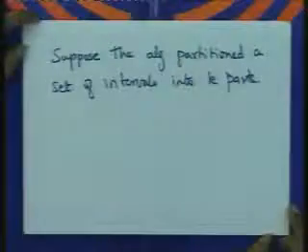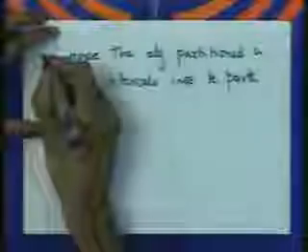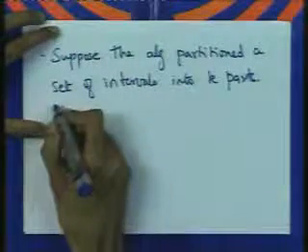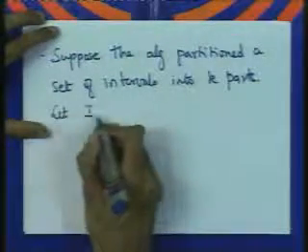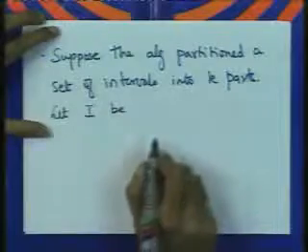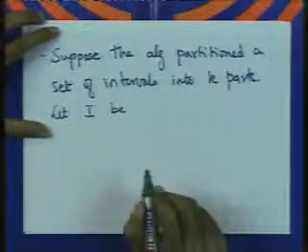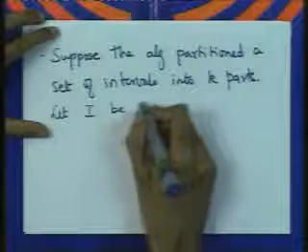So this is the algorithm, and we would like to prove that this algorithm is optimum. To prove this, we said supposing the algorithm produced k parts, we need to show that any algorithm will produce k parts. Since there are k parts, let I be the first interval that was put into the kth part.